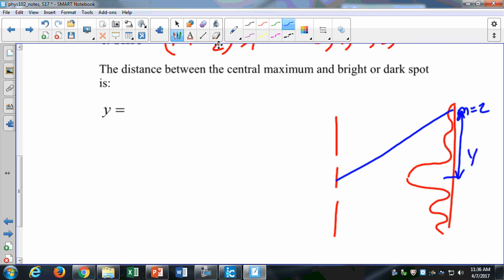That's y. I'll call this distance L, the distance from the screen to the double slit. And then this is my angle theta. That's the same angle theta that's in d sine theta. So I can calculate what y is, because I know that tan of theta is SOHCAHTOA, opposite over adjacent. That's y over L. So y is going to be equal to L tan theta.